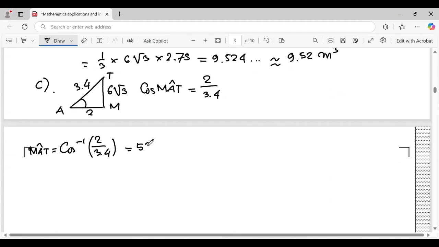And the result is 53.981, so on, or 54 degrees. And if you convert into radians, it is 0.9419 radians.